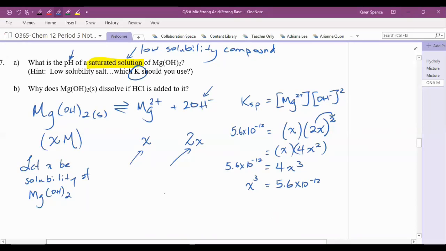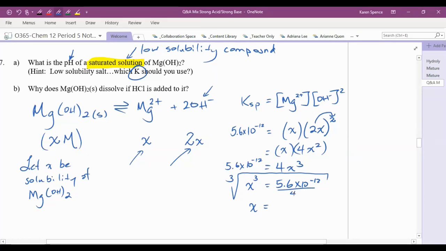All right, and then x is going to be equal to, we'll take the cube root of the whole thing. Calculator. There we are. Divided by 4.